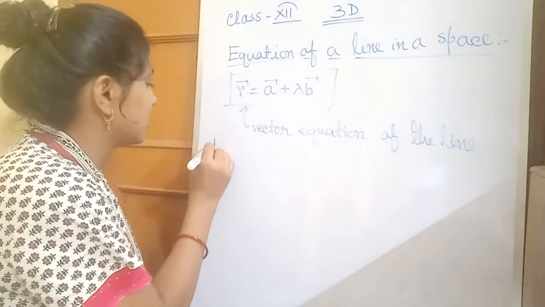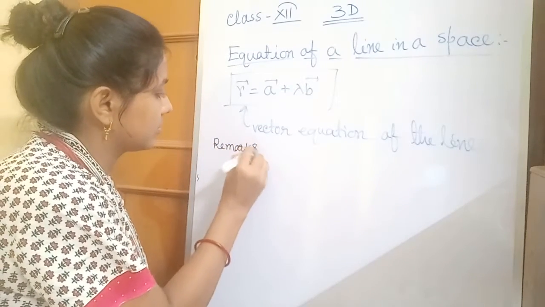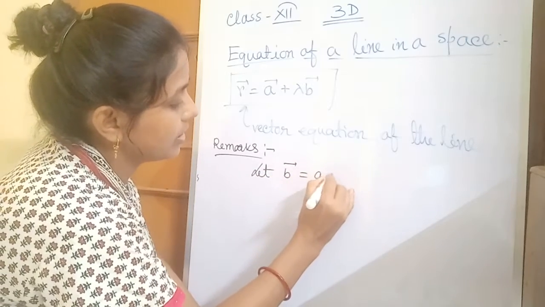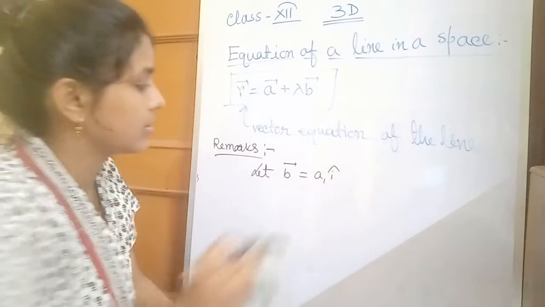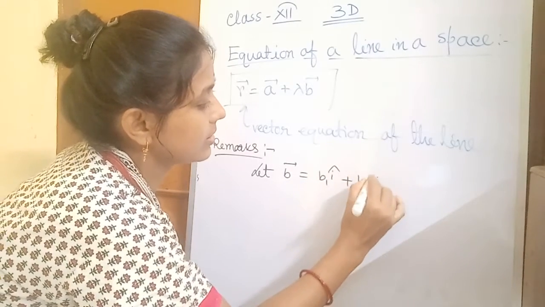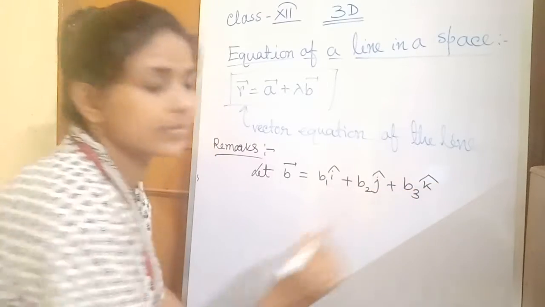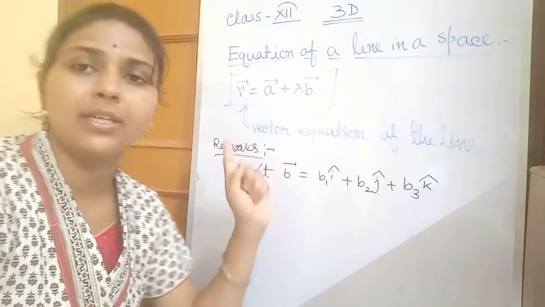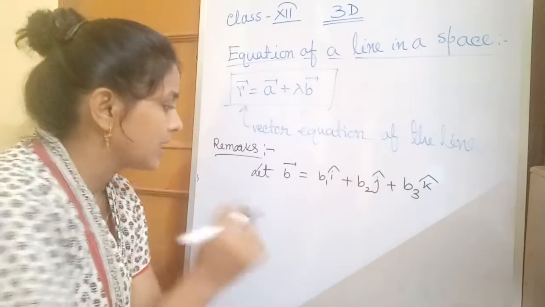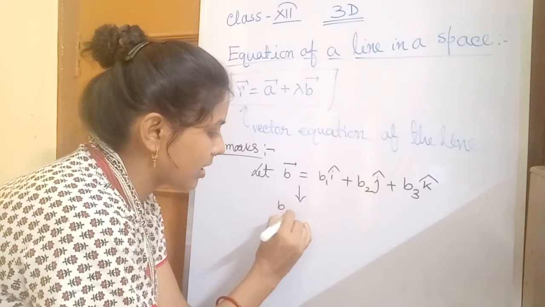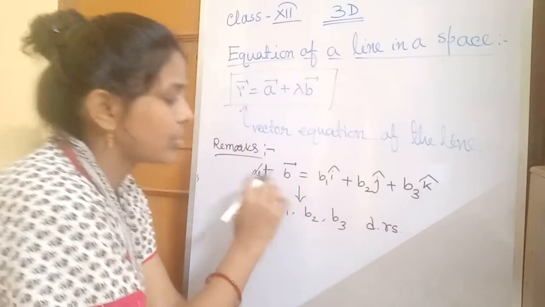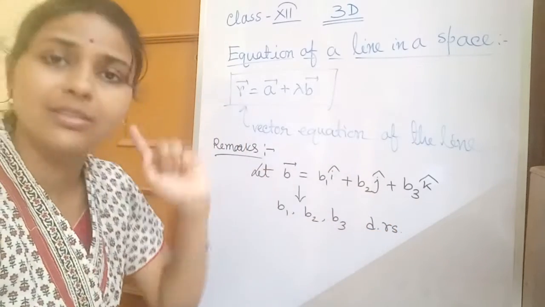Now let b vector equal b1 i plus b2 j plus b3 k. If b vector's components can be written like this, b1 i plus b2 j plus b3 k, then directly we can say b1, b2, b3 are the direction ratios of this vector, that means of the line.